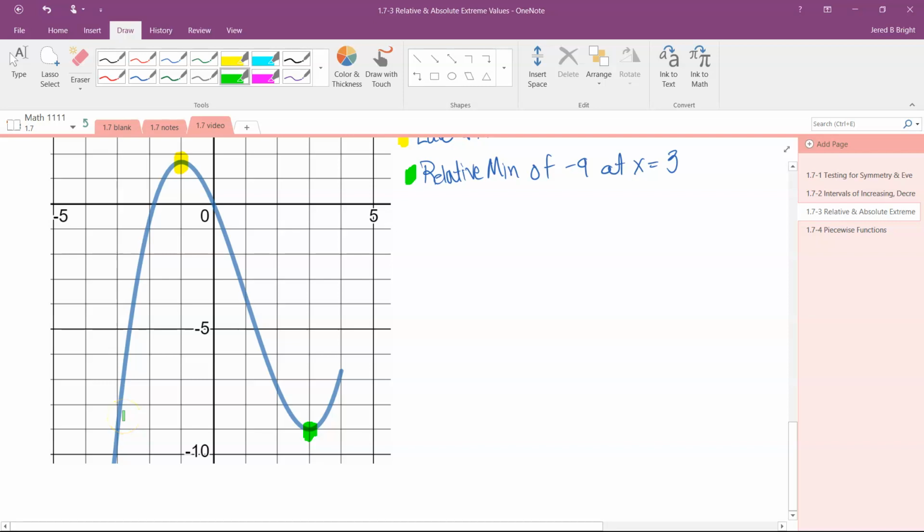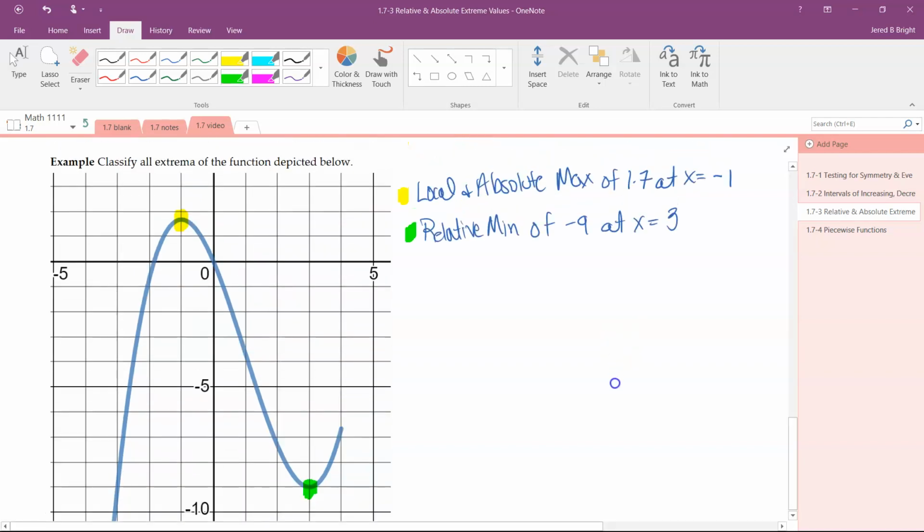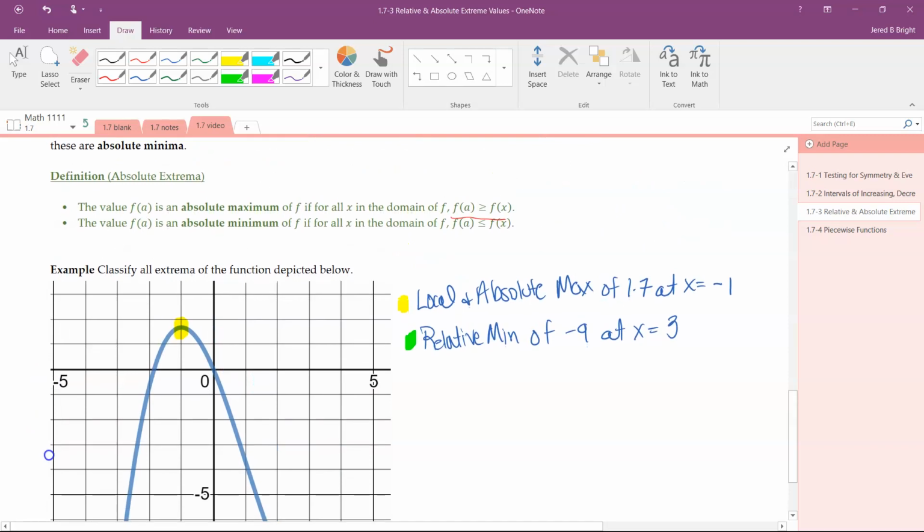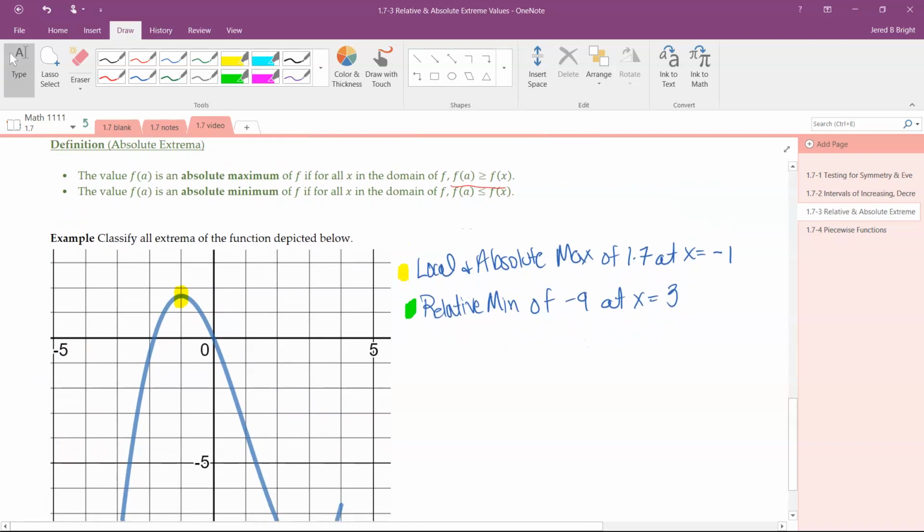So it would continue downward, so in this case we don't have an absolute minimum, but we do have these two. All right, so remember that you need to classify local or relative extreme values, or extrema, and if it doesn't specify relative, make sure to also think about the absolute extreme values.